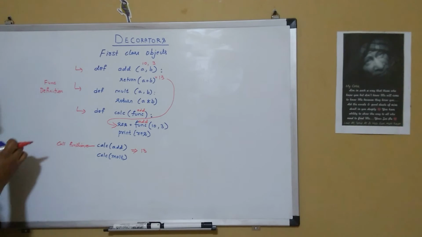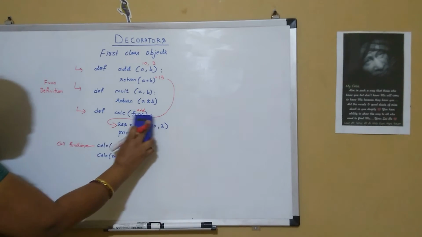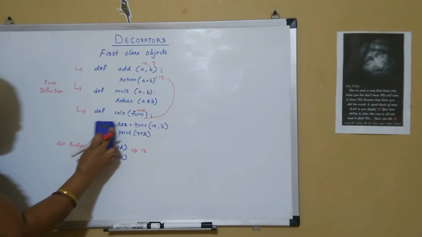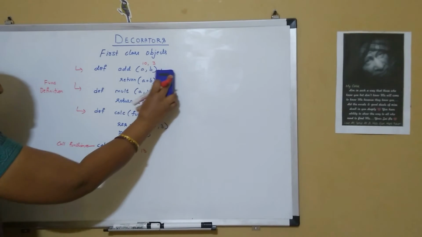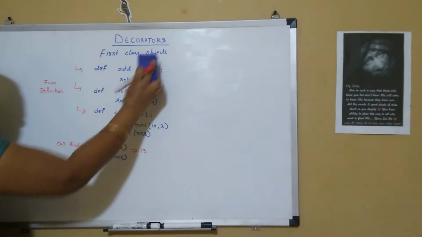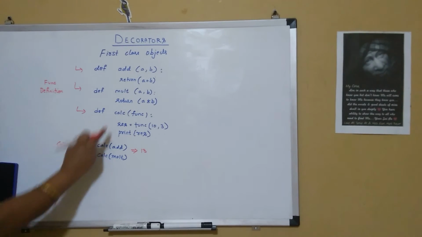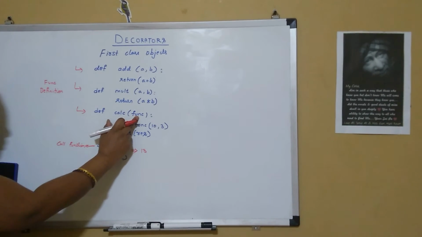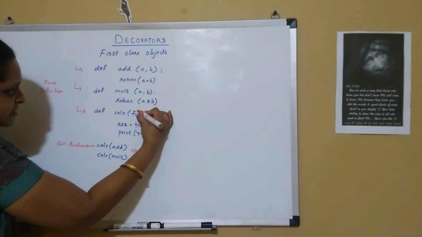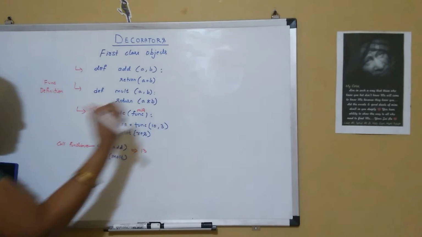So now the calc is, let me rub all these things. Now to my same calc function I am passing mult as the argument. So func over here will have mult as the argument.